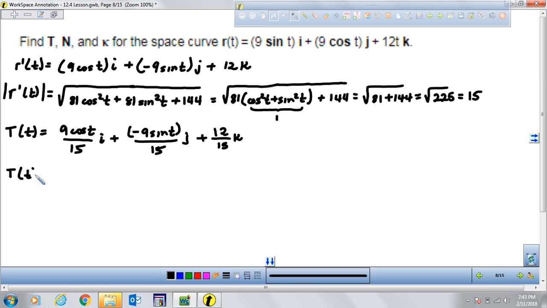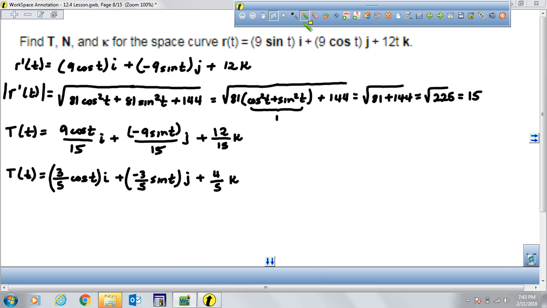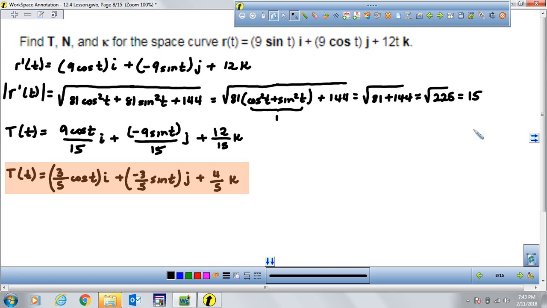So the unit tangent vector is going to be 9 over 15 can be reduced to 3/5. So it will be 3/5 cosine of t, that is my i component, plus negative 3/5 sine of t, that is my j component, plus 4/5 k, and that is my k component. So this will give us the unit tangent vector at any point in the curve.